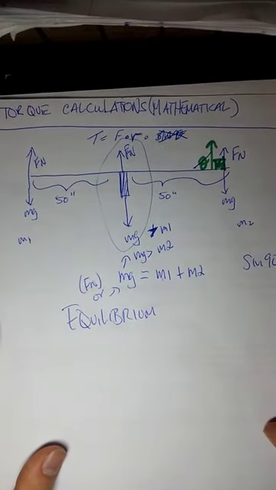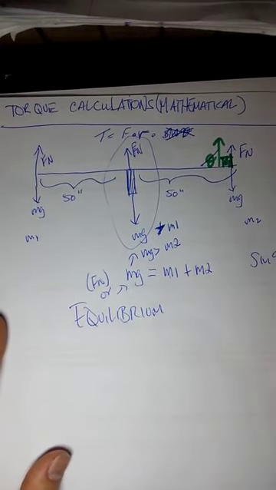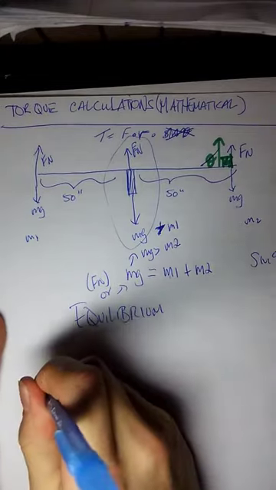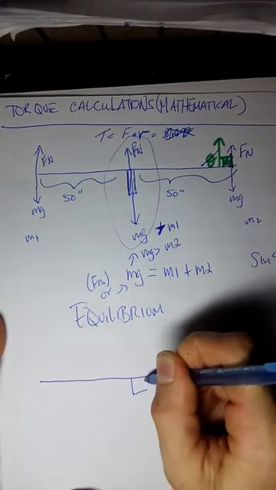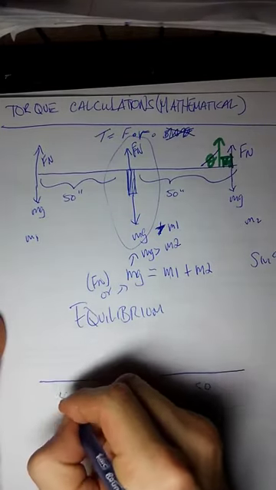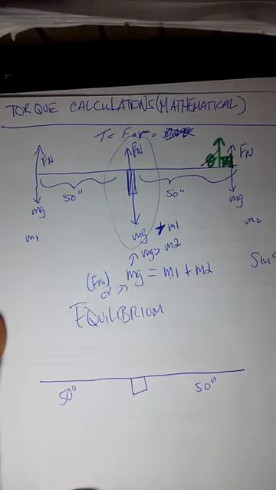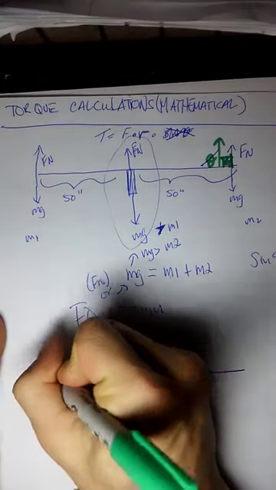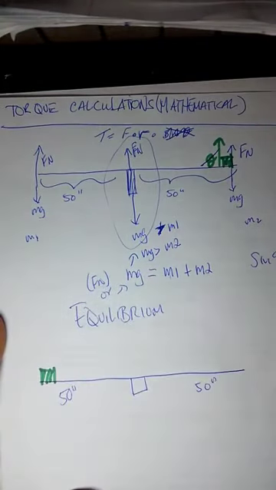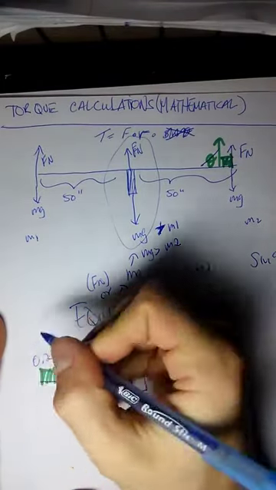Okay. So now, if I add a mass to this, obviously what you think is going to happen is it's going to shift to one side, right? So if I draw out the same exact scale, with 50 inches on this side and 50 inches on this side, and I add my big green box over here, and let's say this is 0.2 kilograms.